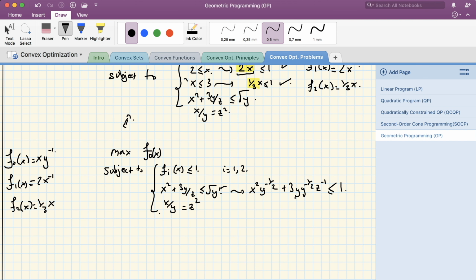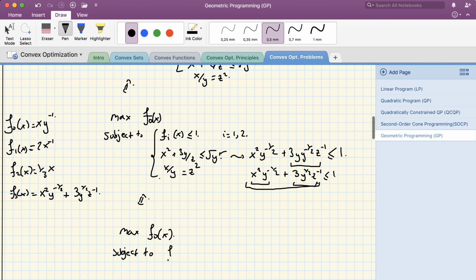Now, we've got two y's here, so this could be rewritten as 3 y to the power half z to the power minus 1, and there you go. The left-hand side is a polynomial, this is a monomial, and this is another monomial. So my f3 of x is x squared y to the power minus half plus 3 y to the power half z to the power minus 1.